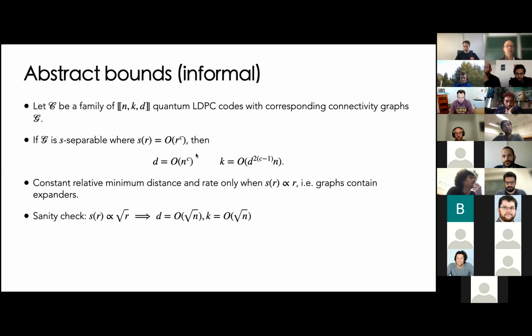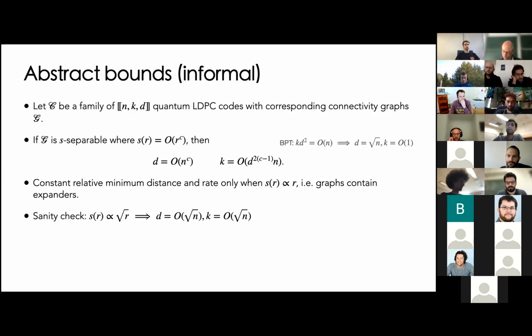Thank you. As a sanity check, we can go back and ask, how does this match up with the Bravyi-Poulin-Terhal bound? If we were to consider a planar graph for which the size of the separator scales as a square root of r, then these bounds imply the following restrictions on d and k. First, the distance scales as the square root of n, and second, that k also must scale as the square root of n.